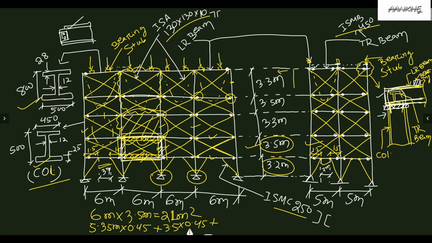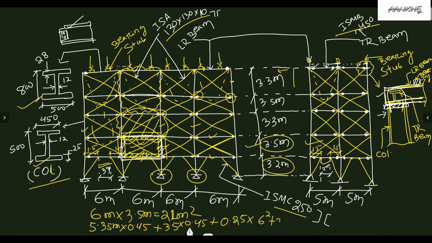the bracing. The bracing will be coming how much? It is MC 250. MC 250 means it will be 0.25 into, let us say, the diagonal area, that is square root of 6 square plus 3.5 square, into 2.